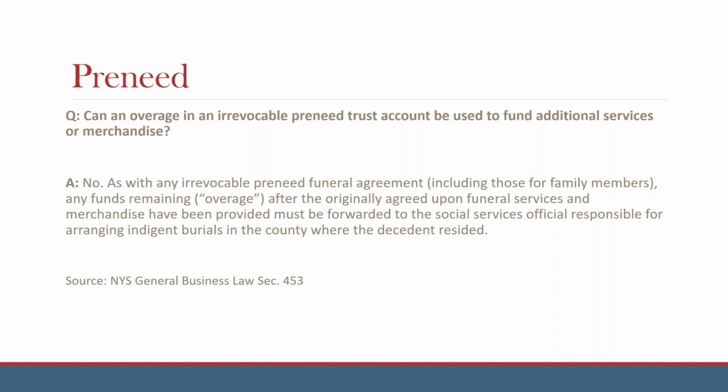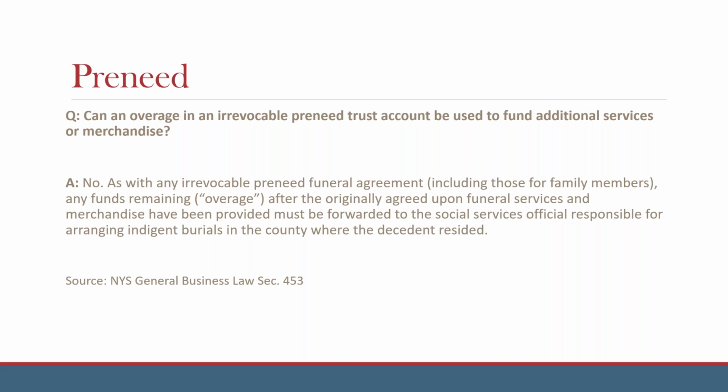So as with any irrevocable pre-need funeral arrangement, including the ones for family members, after the originally agreed upon funeral services and merchandise have been provided, the remaining amount must be sent over to the DSS office. So you are not entitled to use those funds to add additional services or merchandise.